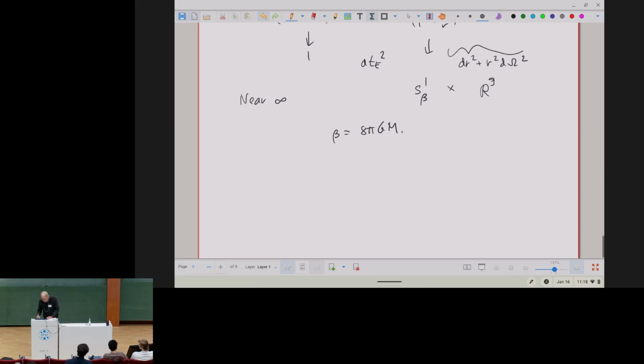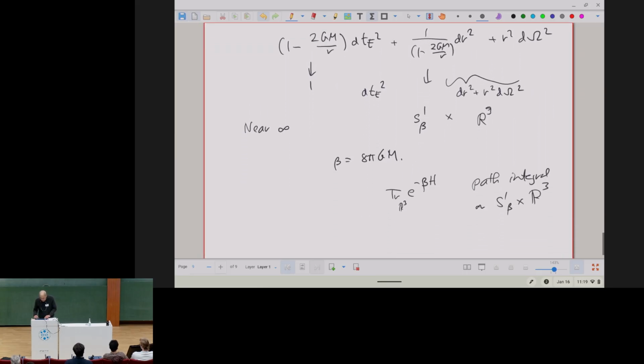The basic reason is that the circle corresponds to computing trace e to the minus beta H. If you want to compute trace e to the minus beta H for fields in R3, you'll do a path integral on S^1_beta times R3. A path integral on S^1_beta times anything, where S^1_beta is a circle of circumference beta, will give you a thermal ensemble on anything. That's just a general statement about quantum systems, quantum statistical mechanics.